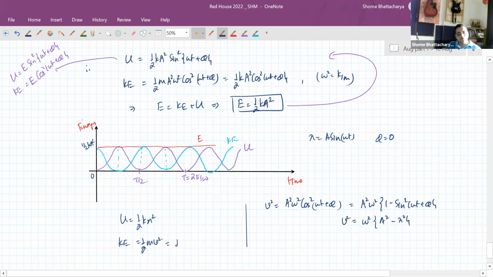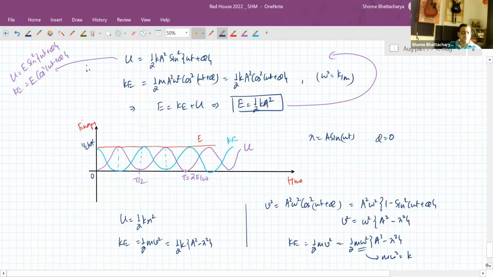So this can be written as half k into (A square minus x square). So m omega square is the same thing as k.